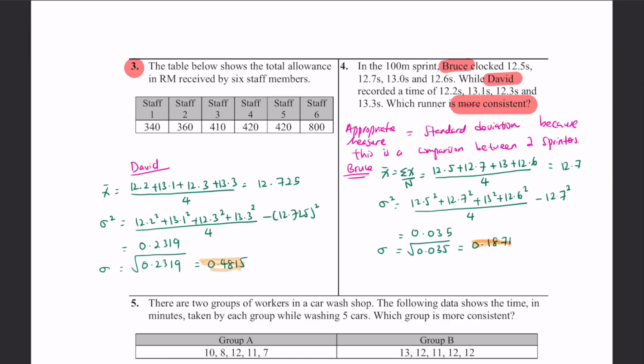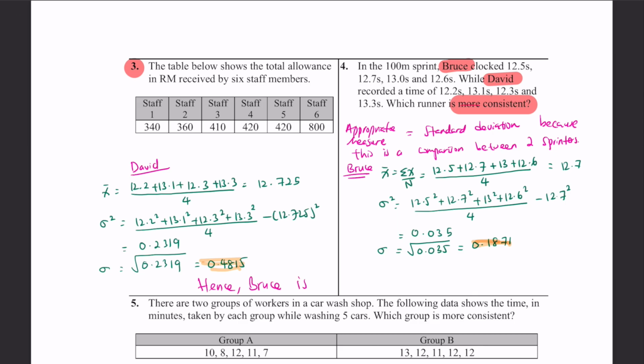So from these two values over here, you have two standard deviations. So which one is more consistent? Obviously we need to pick the smaller variance, sorry, the smaller standard deviation. So we can say that hence, who is more consistent? Bruce.